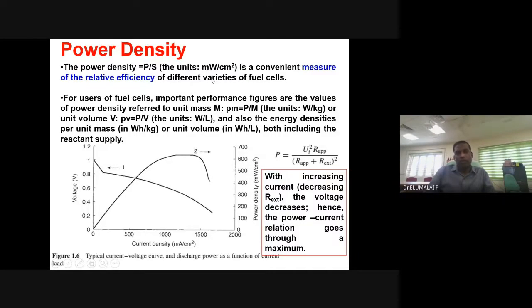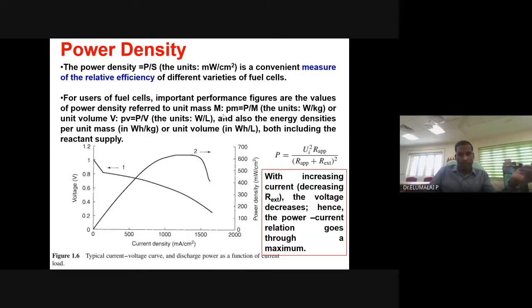Usually fuel cells are named after their power density, maybe a 50 milliwatt per centimeter square fuel cell. It's named like this: 100 milliwatt, 1000 milliwatt, something like that. We also know the maximum power that you can get from any device.